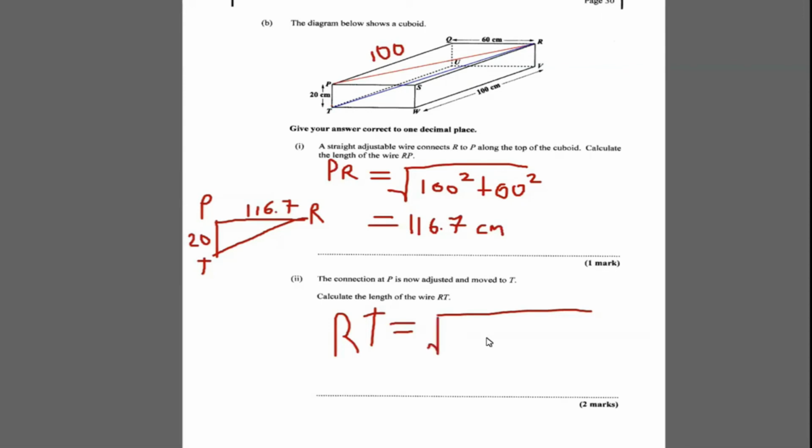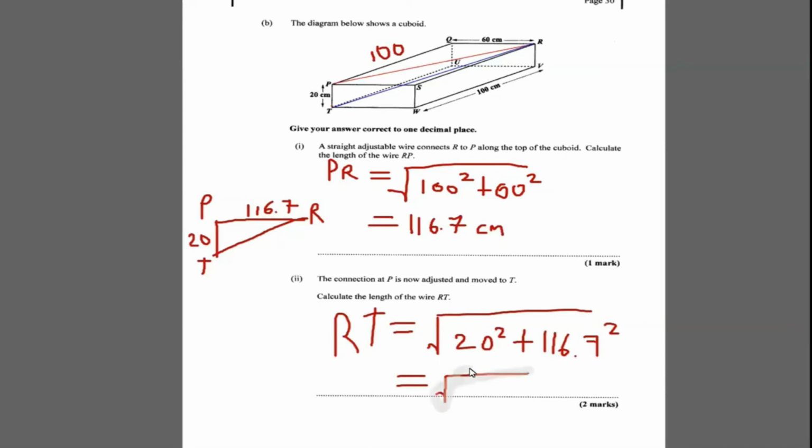So this is just 20 squared plus 116.7 squared, then you square root it. Draw the cross-sectional view. It works out better that way. So when we do the cross-sectional view, what we're getting is RT.